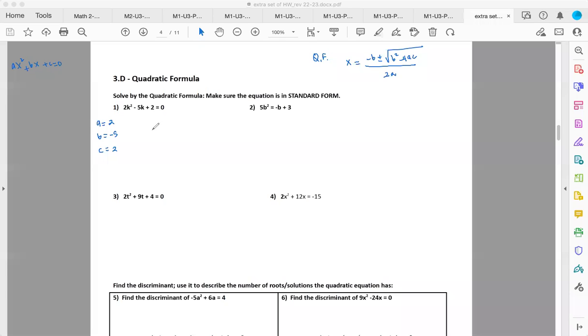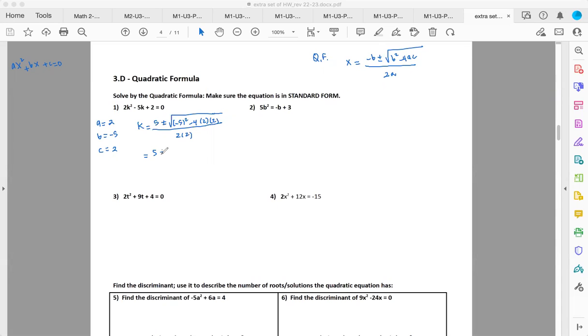So to apply the formula, remember normally we say x equals. In this case, the input or the independent variable is k. So we say k equals negative b, the opposite of b, which is positive 5, plus or minus the square root of b squared minus 4ac, all of that over 2a.